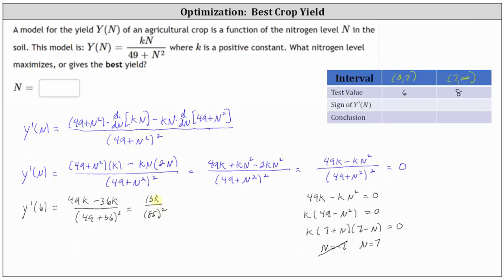We can stop here. Since k is positive, this quotient is positive, or greater than 0, so the first derivative is positive over this interval. And therefore, Y(n) is increasing over this interval.